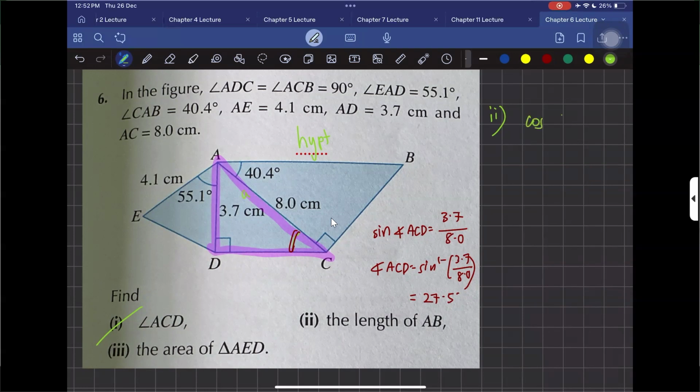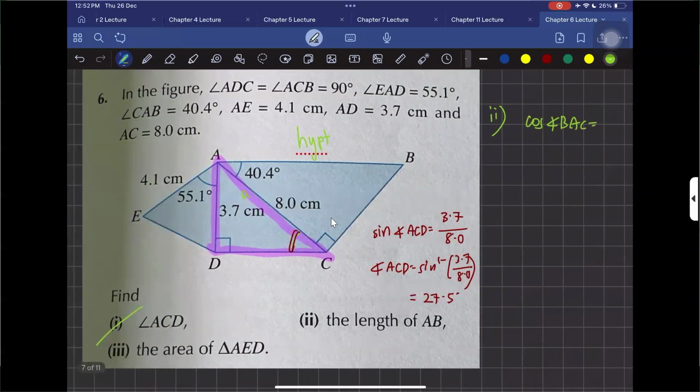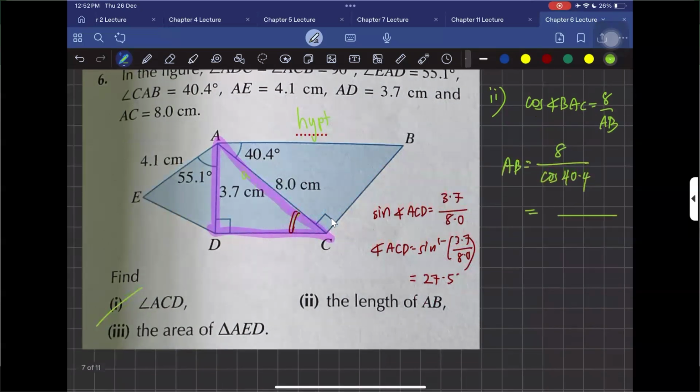So cos angle BAC equals 8 over AB. So AB is equal to 8 over cos 40.4. Just type in the calculator and get your answer.